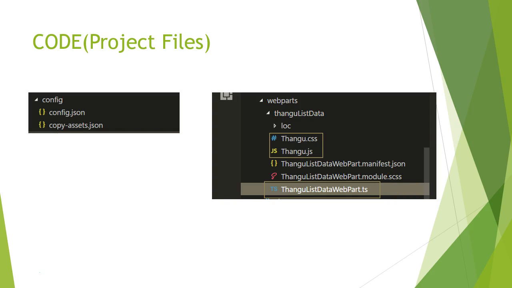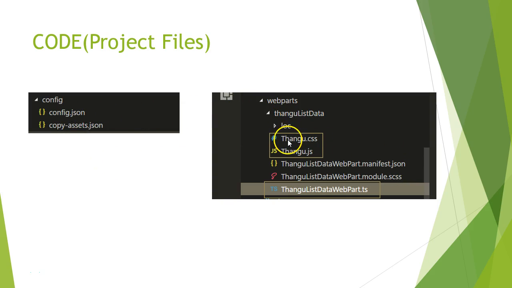Coming to the project files, you create your project using yo @microsoft/sharepoint. Once it's created, use code dot and open that in Visual Studio Code. What are the files that you will be making changes to? You will be making changes to config.json.